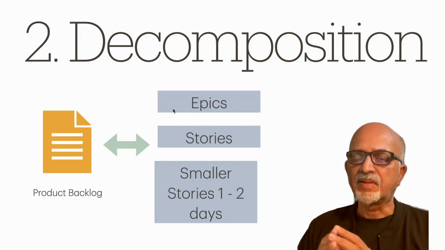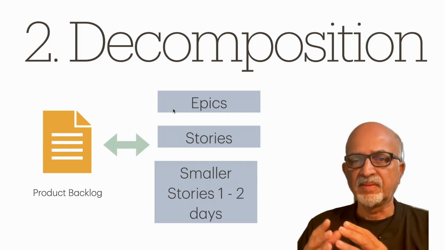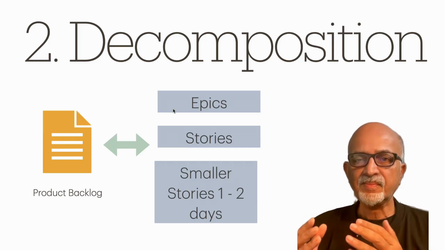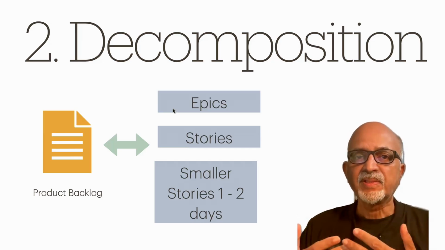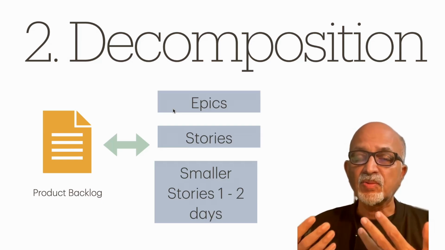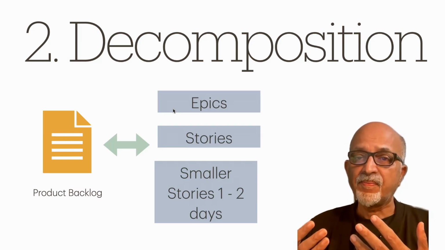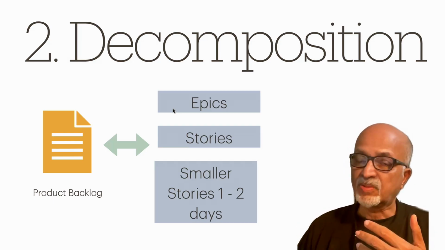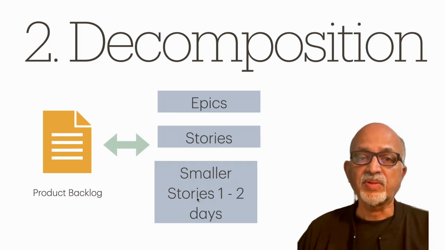Those boundaries may not be very clear. Hence, it becomes difficult to estimate. So, epics need to be broken down into stories. And if those stories are big, then it is better to break those stories into smaller stories, which can be completed in 1 to 2 days.